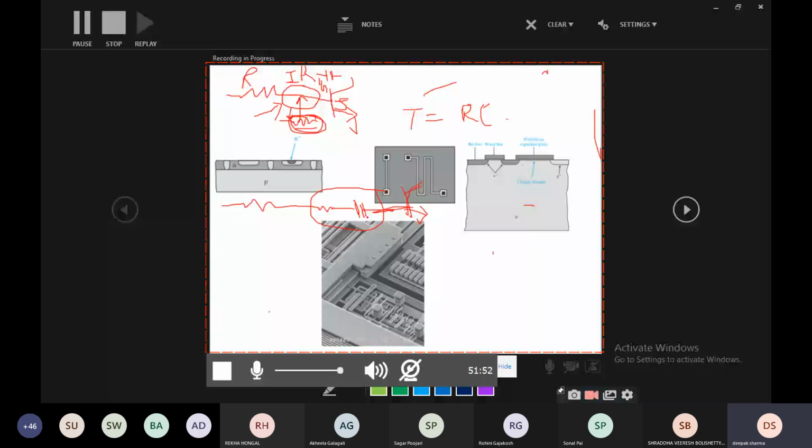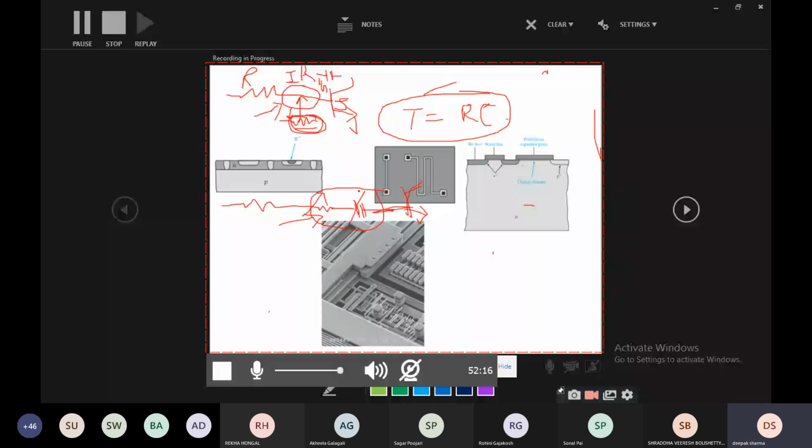We cannot avoid it. It is not possible to remove the internal resistance and capacitances. Those are called parasitic capacitances, right? But what did I say? Delay is the product of R into C. So if the internal resistance of this wire is more and if the capacitance of the transistor is more, then it will create some delay.